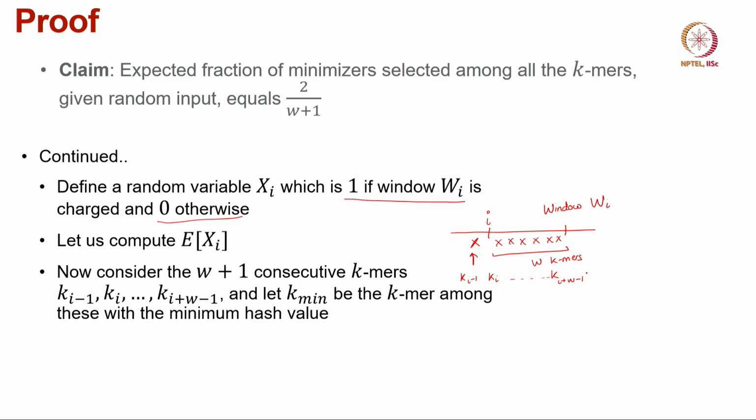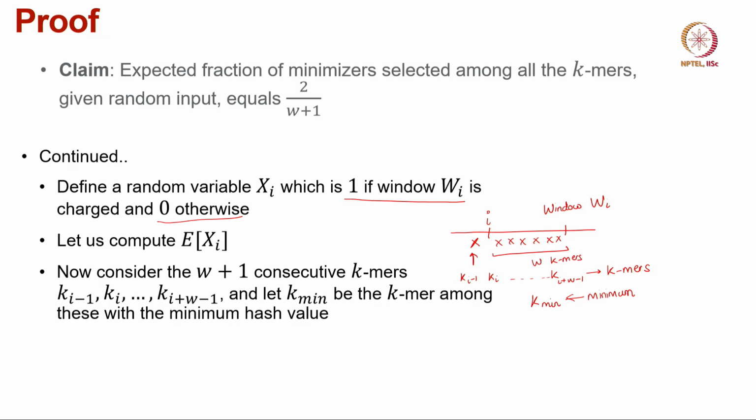So, these are the k-mers I am considering. Also, let us say that k min is the k-mer with the minimum hash value among these w plus 1 k-mers.